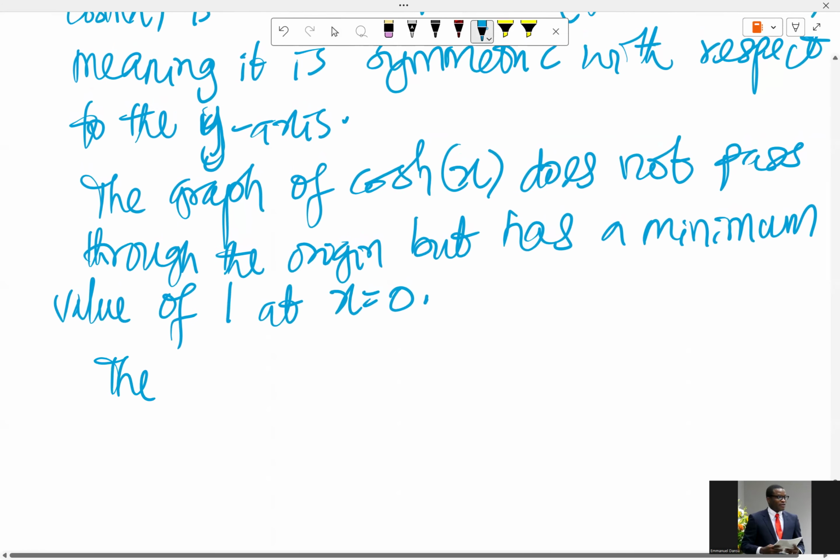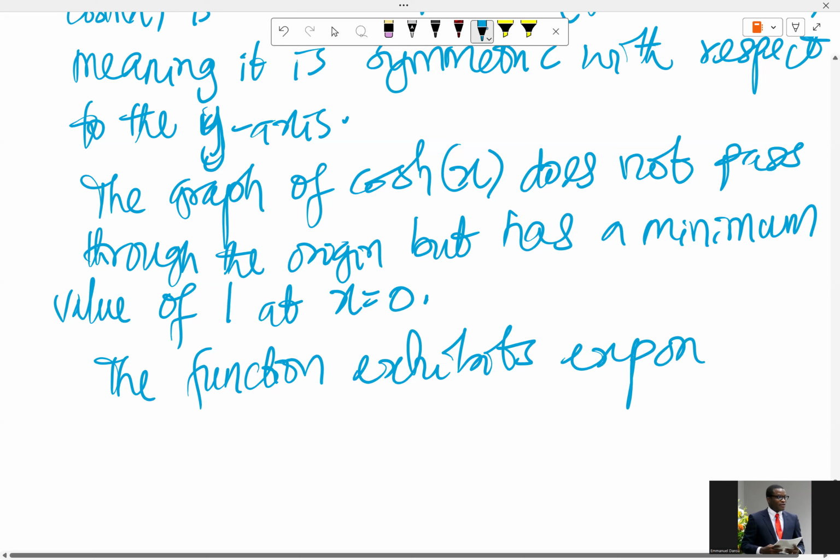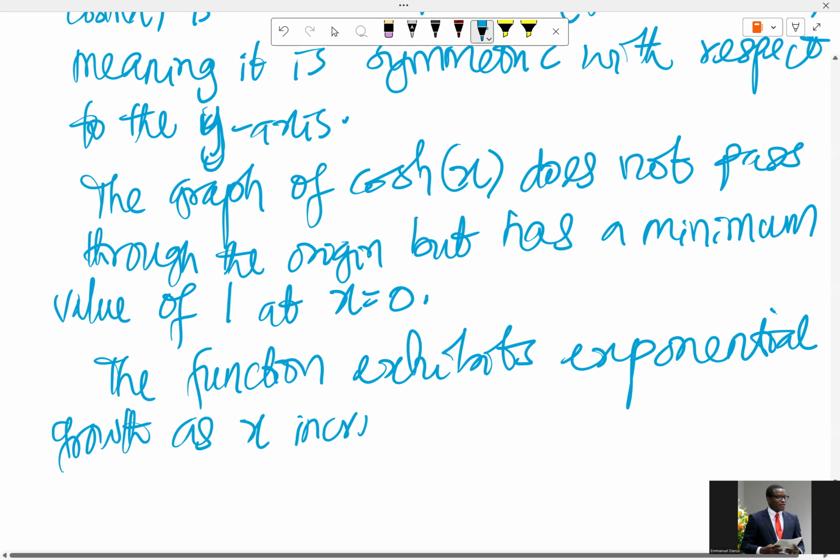Again, the function exhibits exponential growth as x increases in either direction.